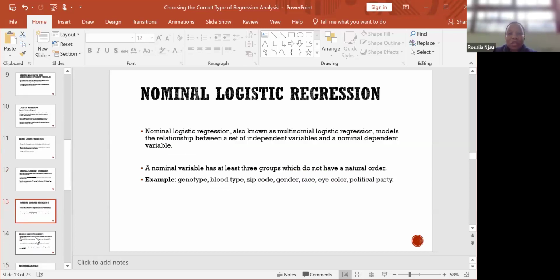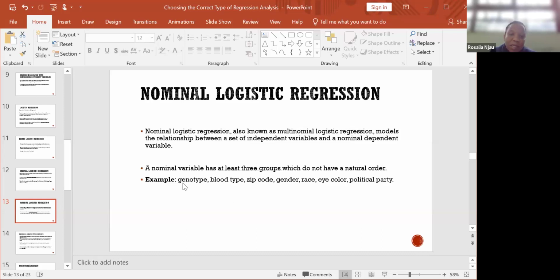Nominal logistic regression is another option in the logistic family. Here the dependent variable has at least three groups which do not have any natural order. We saw the other one that had natural order, but here there is no natural order. It is also called multinomial logistic regression.